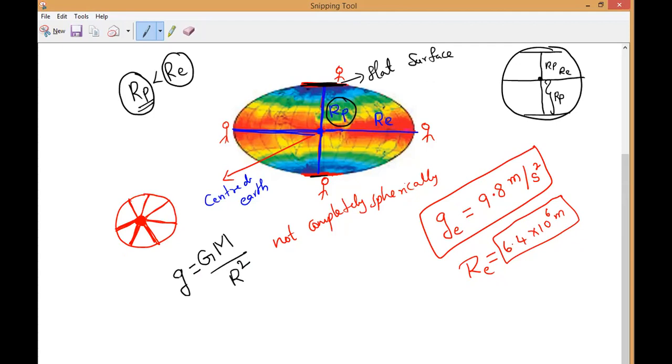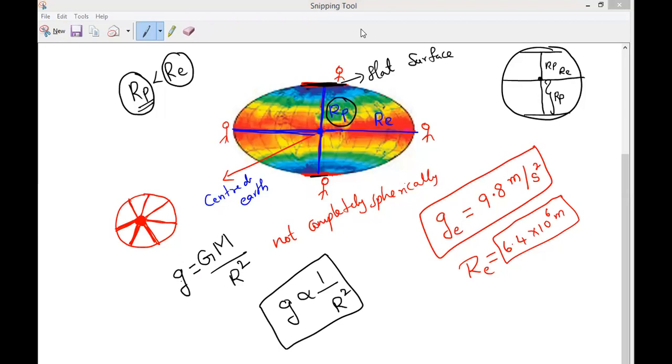Now, what is the relationship between g and R? Inversely or directly proportional? Check it in the formula and tell me. Inversely proportional.